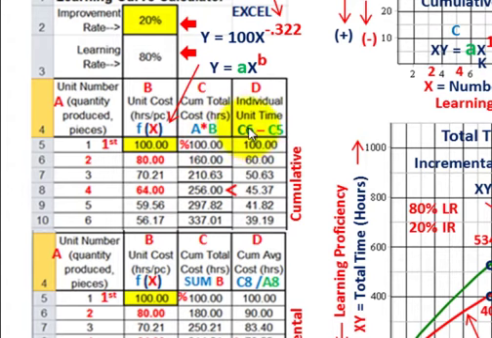That difference between C6 and C5, the difference between our different quantities, is going to equal our individual time. So 160 less 100 gives us 60 for our individual time. Then looking at the next number, 210 less 160, C7 versus C6, we get 50, and so on. That's how it works for our cumulative model.